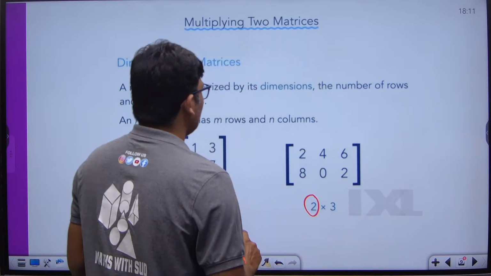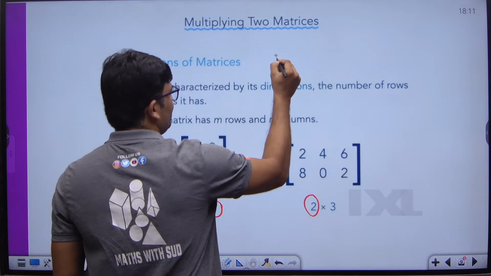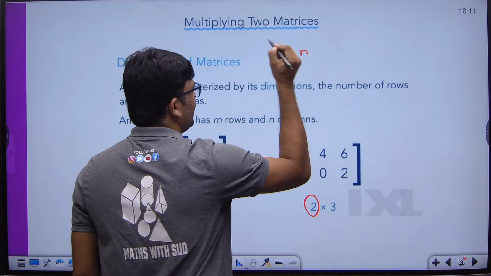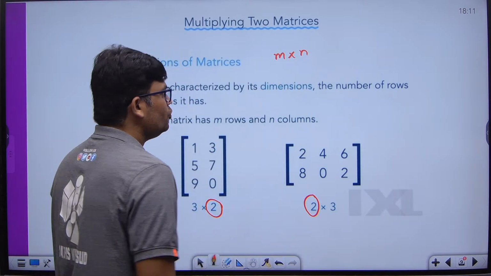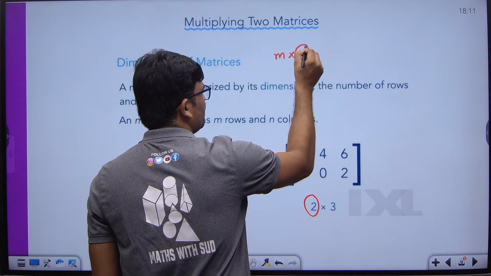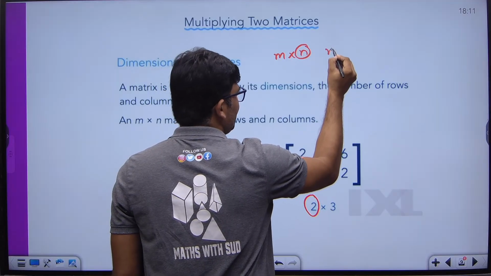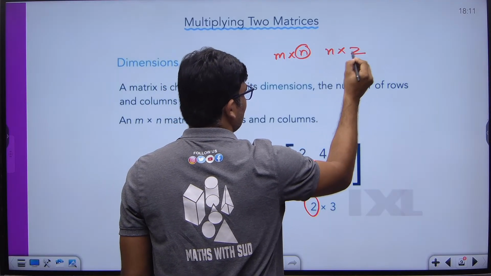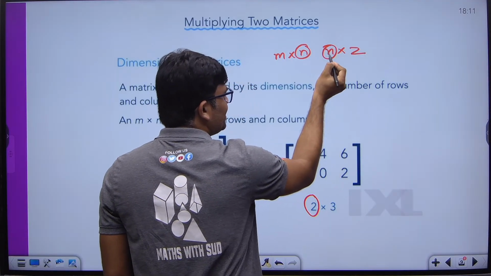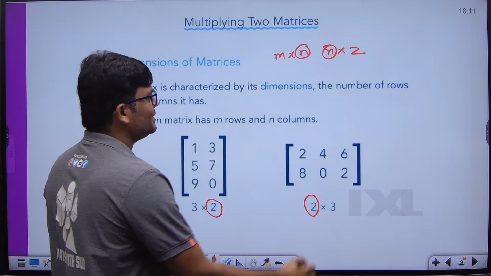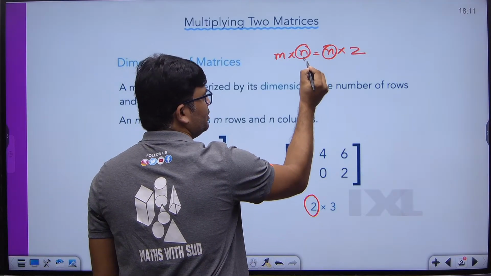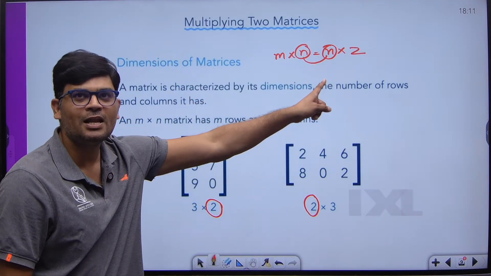You write the first matrix as, let us suppose, m by n. You have to focus on the second part. And the second matrix must be n by, let us say, z. The first part of the second matrix should be the same, because these must be equal. If they are not equal, it is undefined.